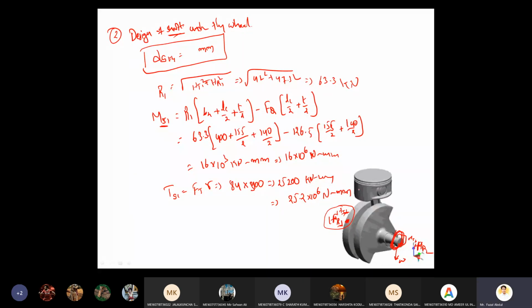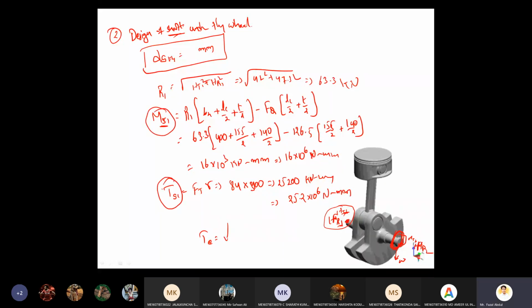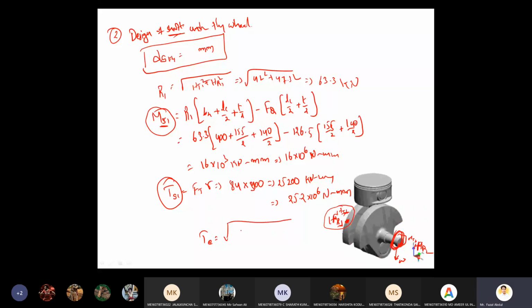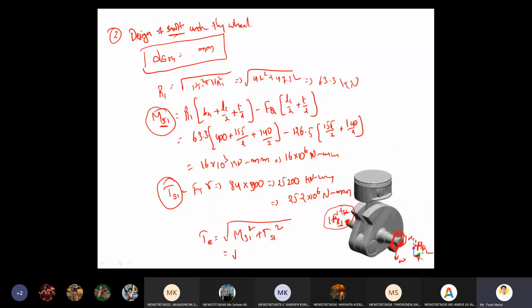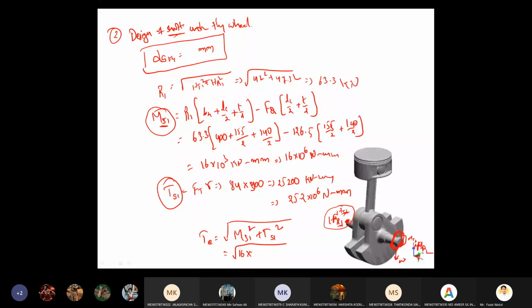Now the equivalent twisting moment. Because I'm taking this equation with bending moment and torque, so square root of MS1 square plus TS1 square. MS1 is 16 into 10 to the power of 6, TS1 is 25.2 into 10 to the power of 6.